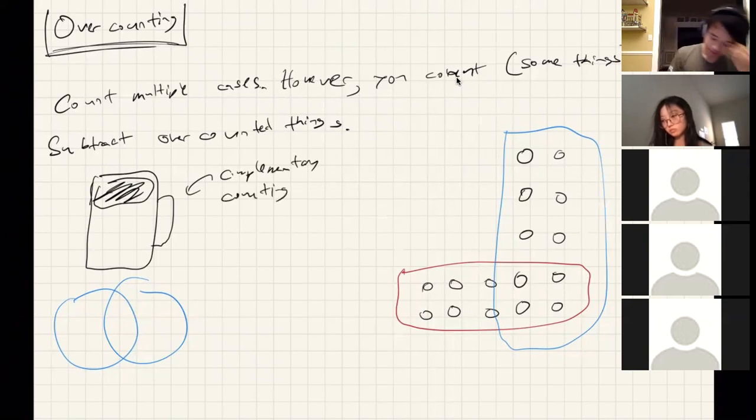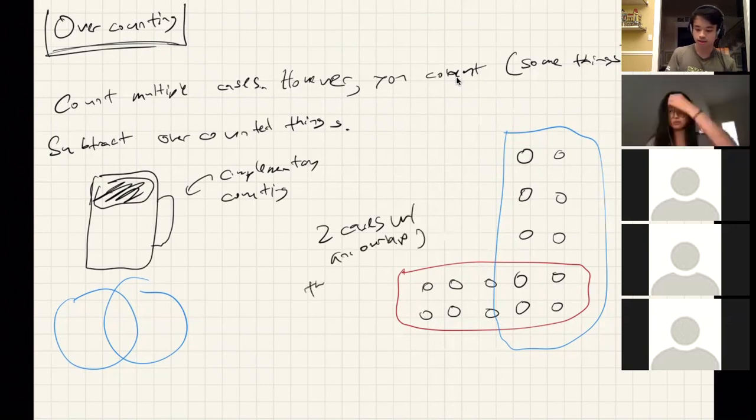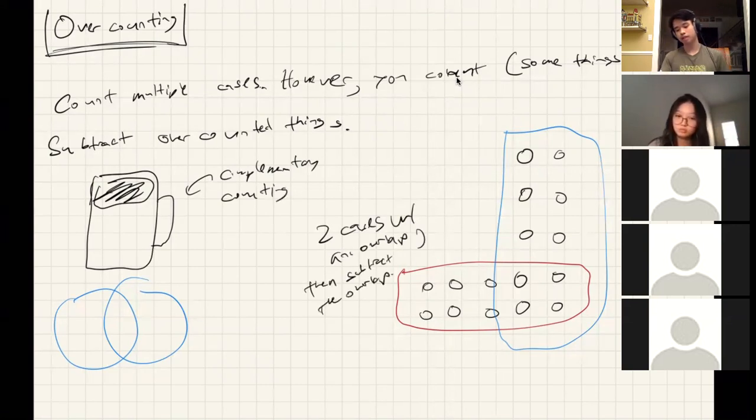But another method of overcounting is like you count two cases with an overlap, then you subtract the overlap. So let's say you wanted to count the number of circles in this array right here.